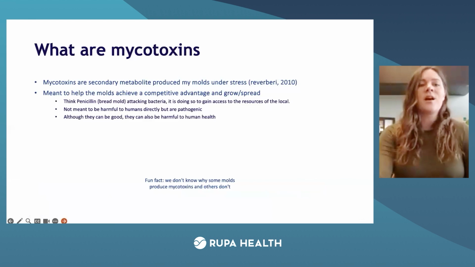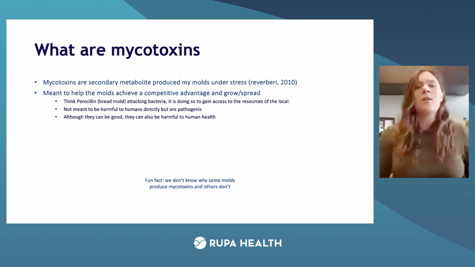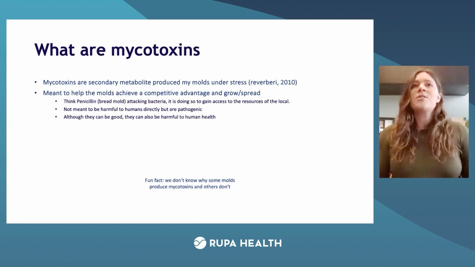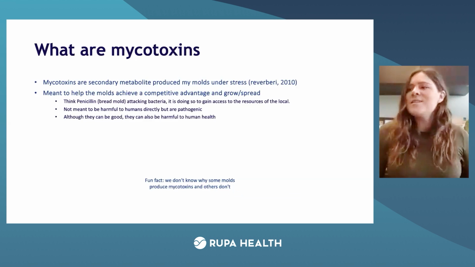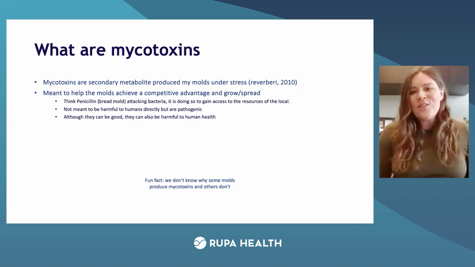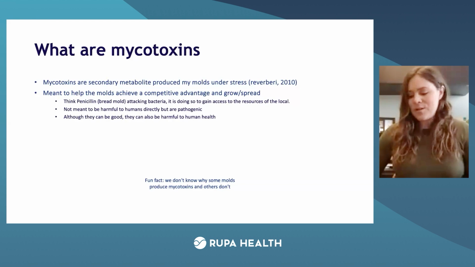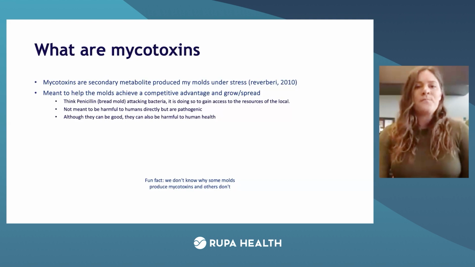So your mycotoxins are going to be a type of secondary metabolite. They're not essential for the mold's survival, but they're something the mold makes. I always think of the plant analog as being something like essential oils. Your plants are making sesquiterpenes and all those other cool products that they don't really need to survive, but they do things for the plant. They give them a survival advantage. We think mycotoxins are pretty much the same deal.